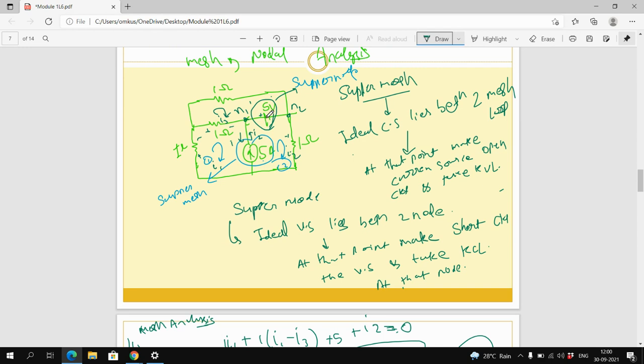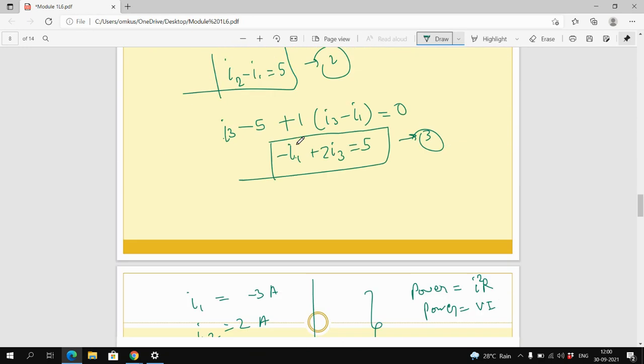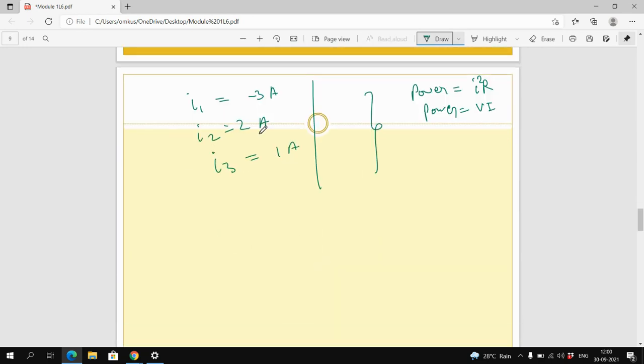If I take that this power is delivered, then the current direction through this voltage is this side, and then the dominant factor is I3. So current I is equal to I3 minus I2, where I3 is 1 and I2 is 2, equal to minus 1.